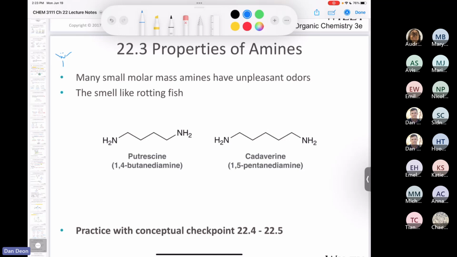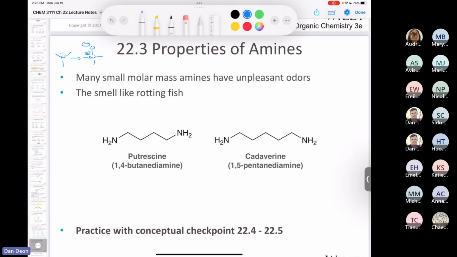Human beings actually make trimethylamine in their body, and if you don't have the flavin-containing monooxygenase 3, which converts the trimethylamine to the N-oxide, which is this compound here, then that would produce what's called fish odor syndrome or fish odor disease. You can Google that if you want to, but it would be a pretty horrible thing to have.